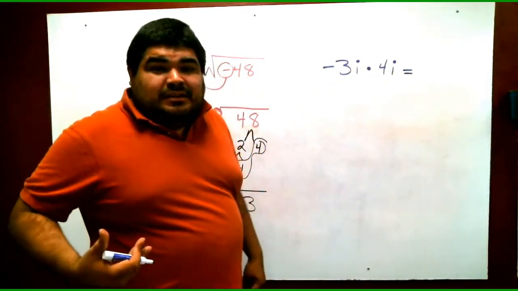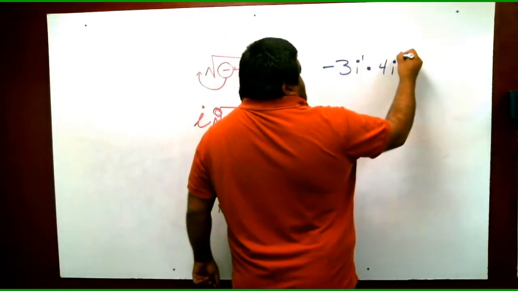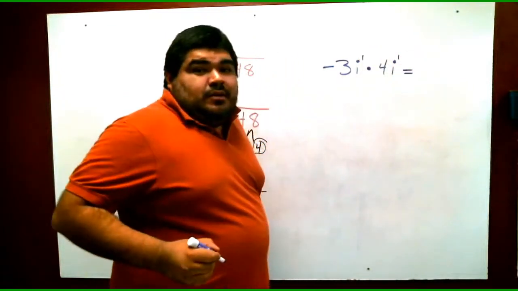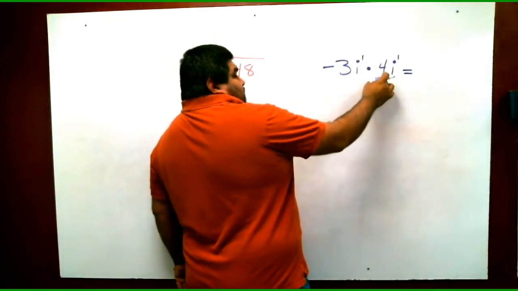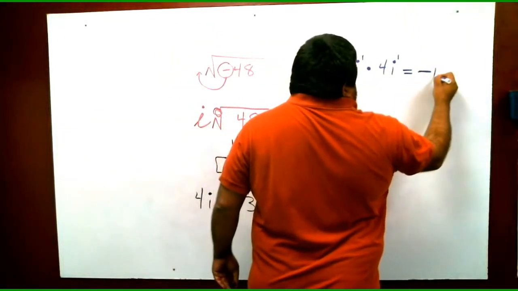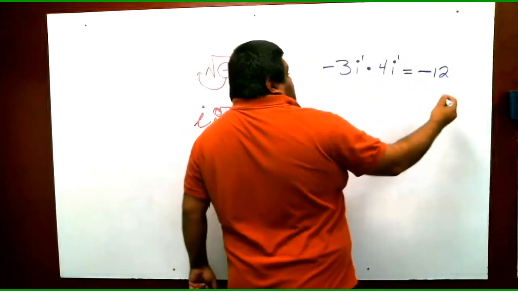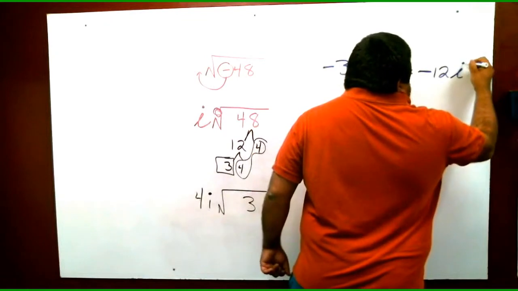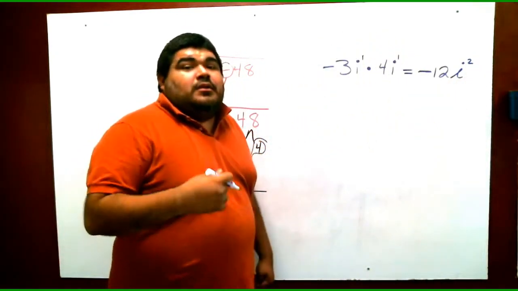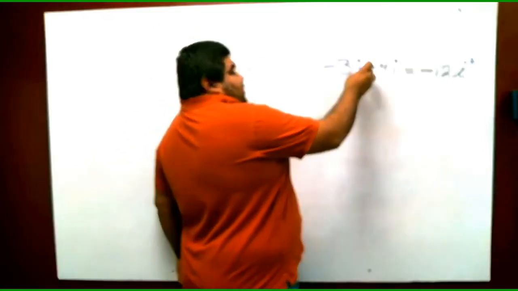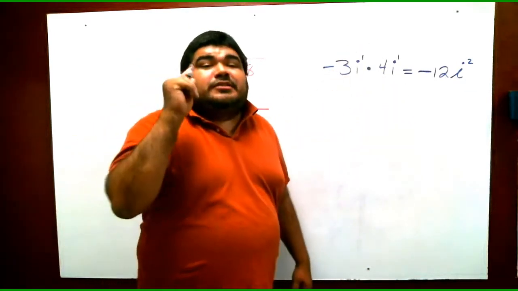When you're multiplying two i's, you actually add them because it's i to the first and i to the first. Okay? So they're i to the first. So we have negative 3 times 4 is negative 12. And then you have i^1 plus i^1, which is i squared. Okay? When a number or a variable doesn't have a little number on top, that means it's just a 1.